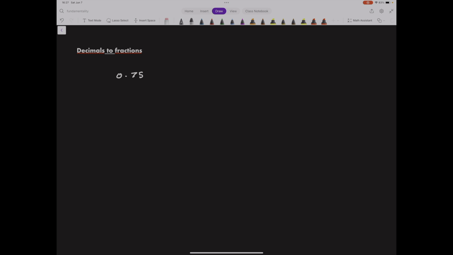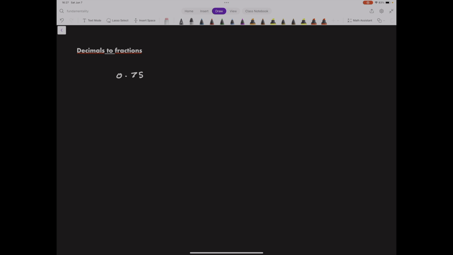And then what we need to realise is that if we divide it by 1, then it stays exactly the same. Anything divided by 1 is itself. So let's display this a bit better. So we know that that's equal to 0.75 divided by 1. Now, what we need to do is get rid of that decimal on the numerator.